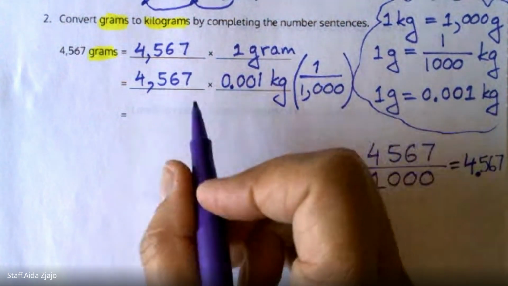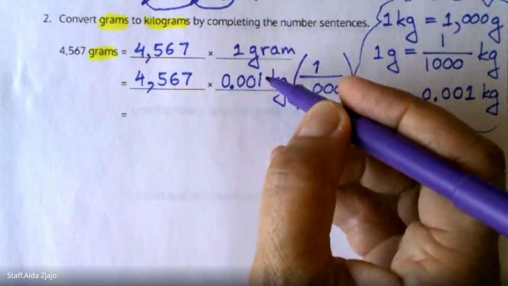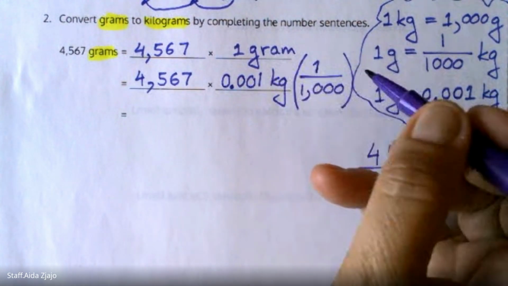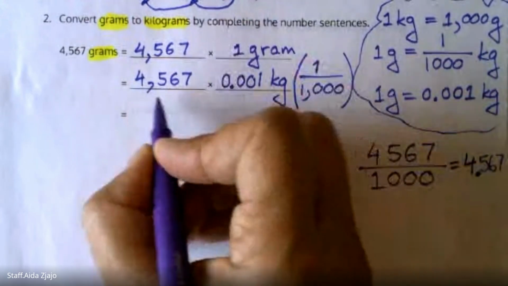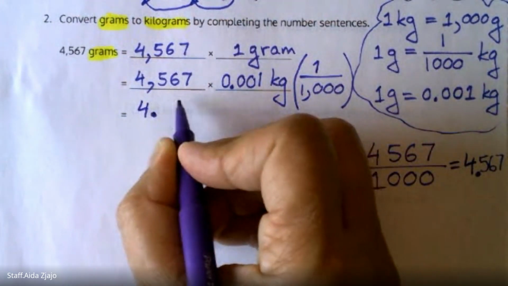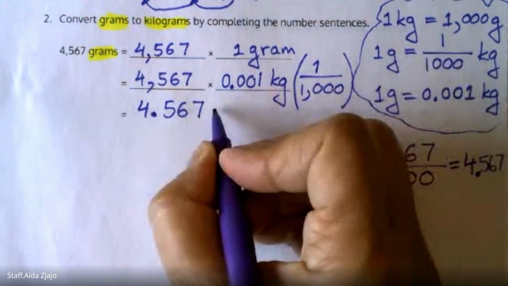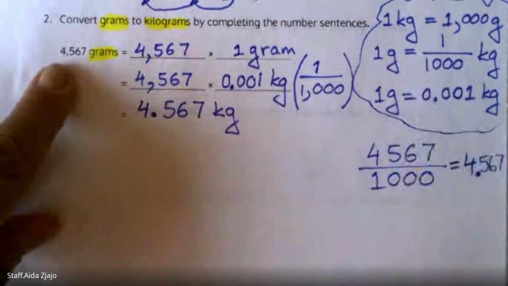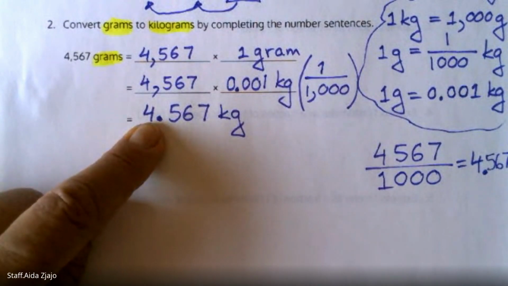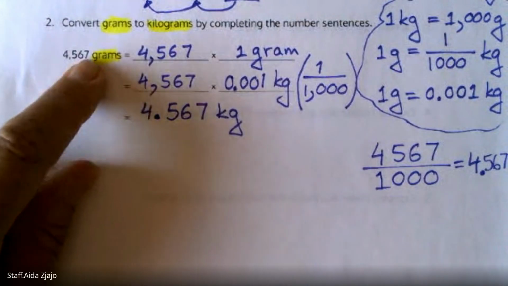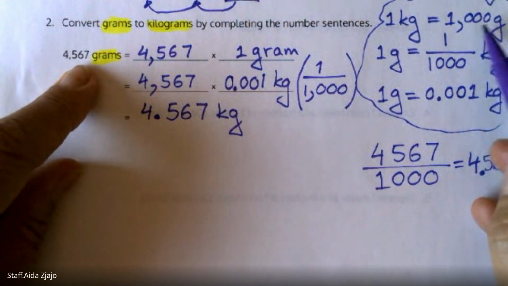Same thing if you are using that knowledge of multiplying by 0.001, it means you are dividing by 1,000 as well. So here's 4 wholes and 567 thousandths kilograms. If you have 4,567 grams, that makes 4 whole kilograms, and 567 is extra from the next 1,000 grams.